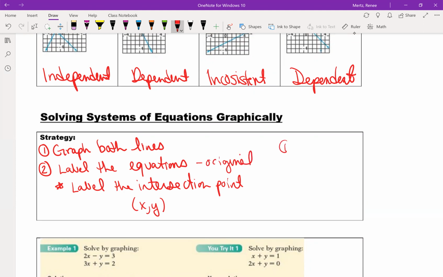If they're parallel, remember it's no solution. If they're the same, it's infinite solutions: x comma the y equation.